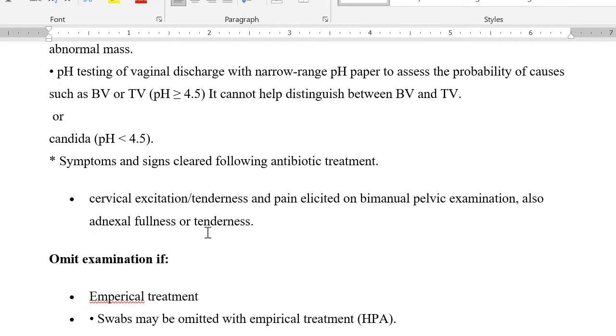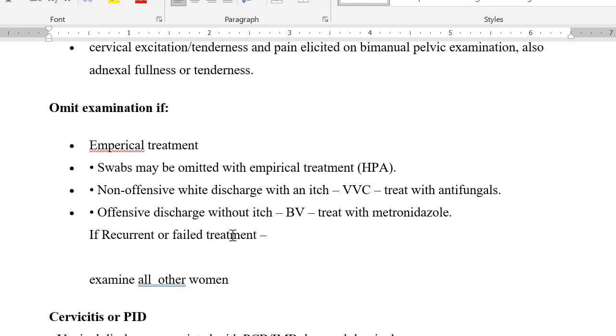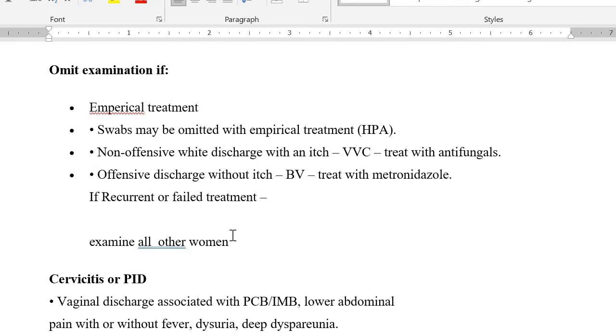Cervical excitation, tenderness, and pain elicited on bimanual pelvic examination, and whether the adnexa are full or tender. This examination can be omitted, as it is not convenient for everyone, if the patient has already received empirical treatment, a general umbrella treatment covering all common pathogens. Swabs may be omitted with the empirical treatment.